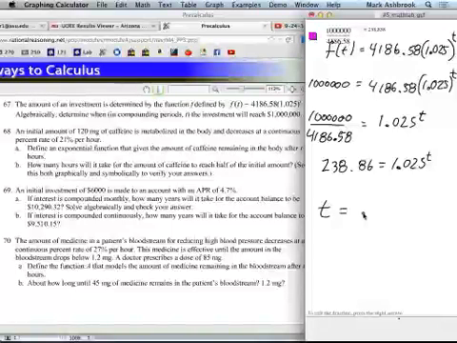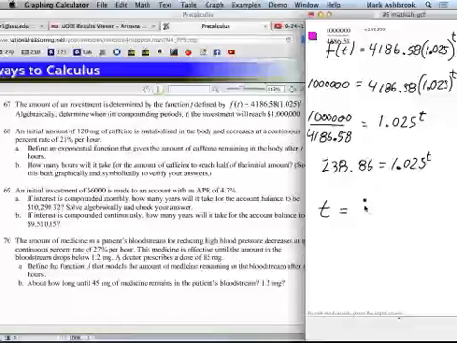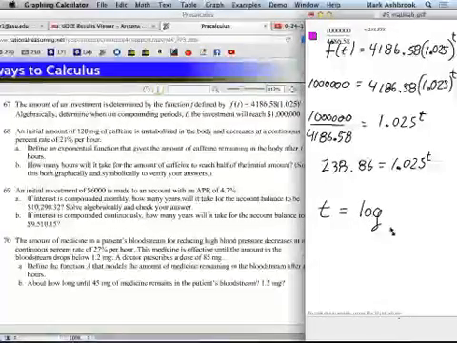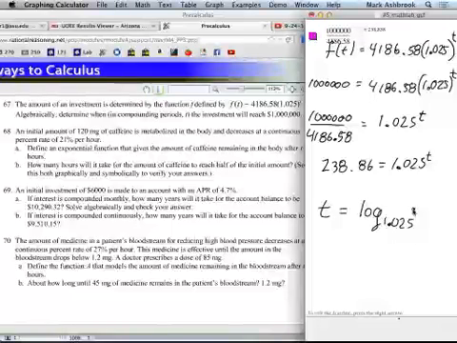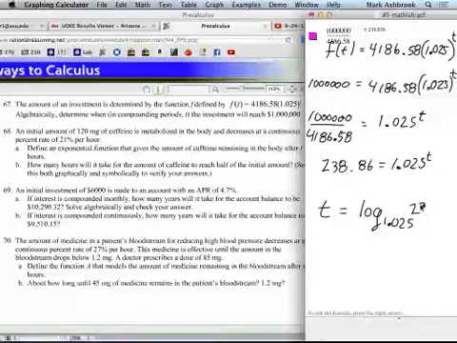Let's see here. What will t be? Austin. The exponent of 1.025 that gives, or of, right?